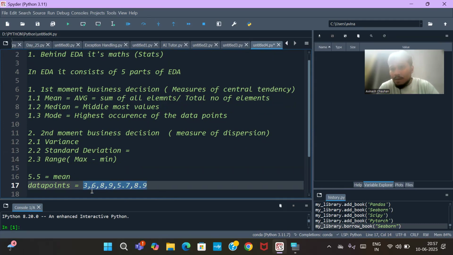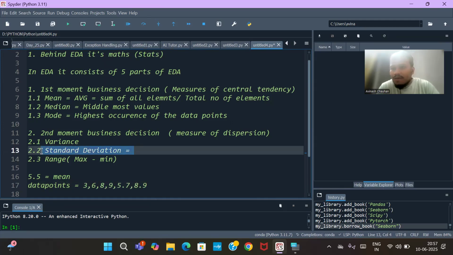These are all my data points. So what is standard deviation?